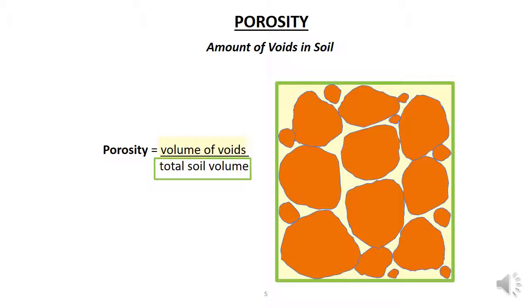For example, the porosity of a well-graded gravel soil would be around 0.3, which means that the volume of voids is 30% of the total soil volume. Most soils have a porosity of between 0.2 and 0.4. Soils with larger soil particles, such as sands and gravels, have bigger voids, while silts and clays have a larger number of smaller voids.